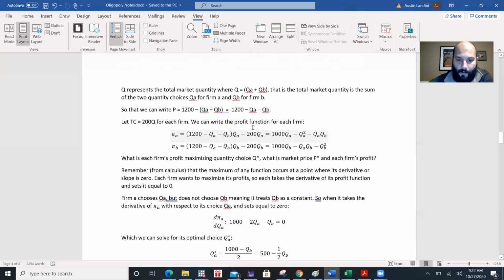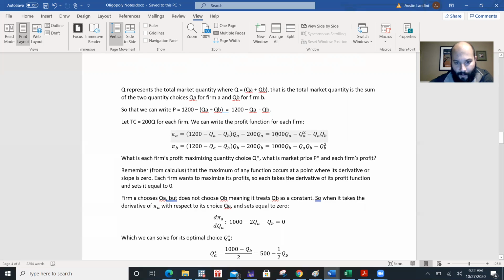I've distributed everything out. For A, we've got 1200 QA minus 200 QA, a negative QA squared, and a minus QA QB.